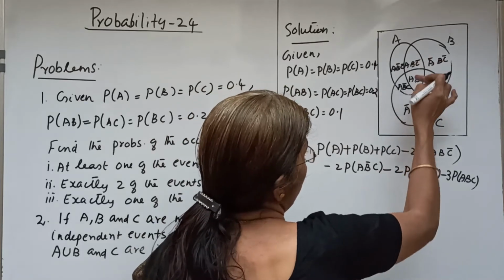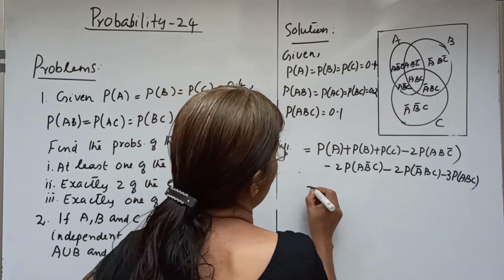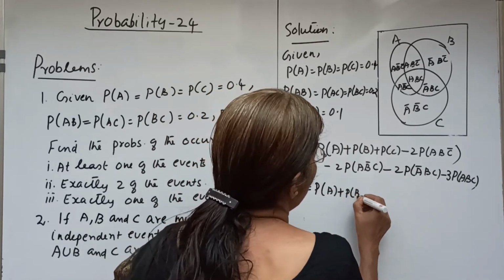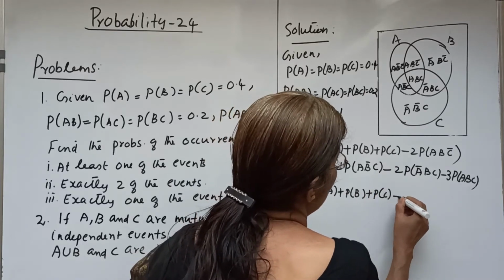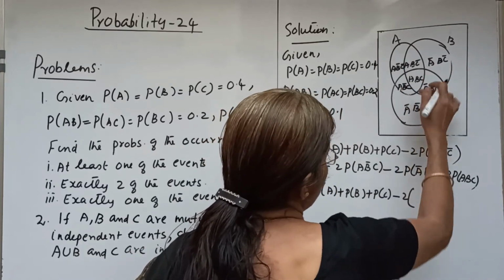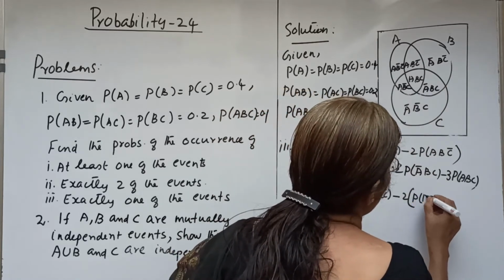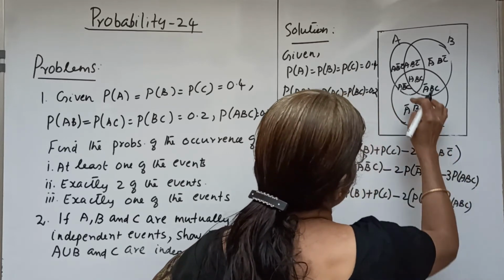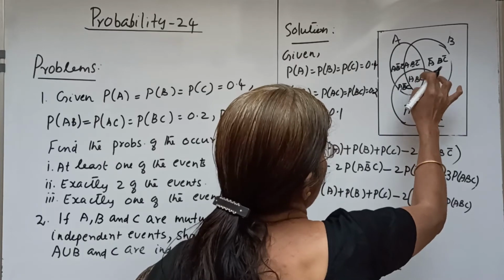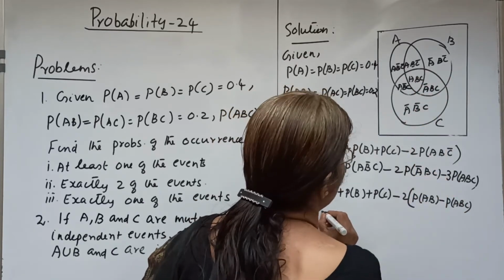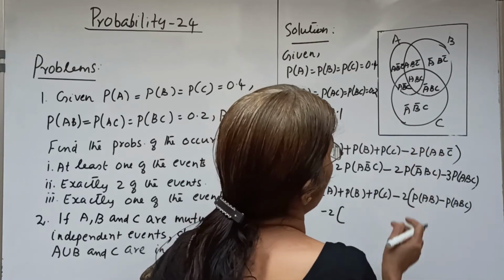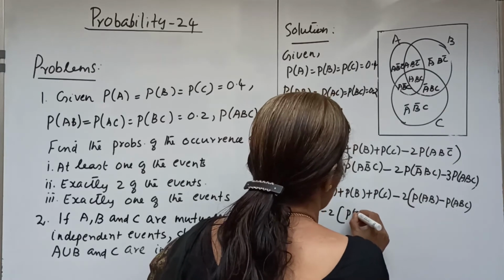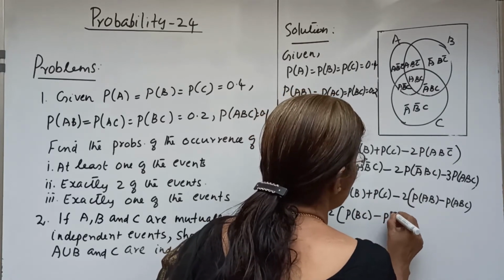Already we have expressed it as P of A plus P of B plus P of C, minus 2 into, this is the set A B C bar, which can be written as P of A B minus P of A B C. Similarly, minus 2 into P of A bar B C, which can be written as P of B C minus P of A B C.